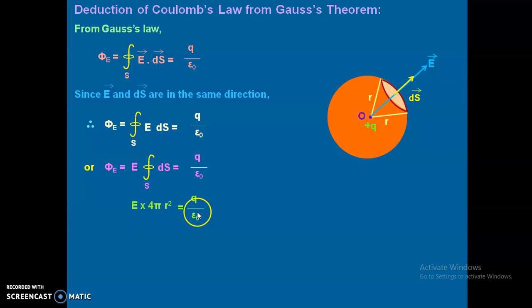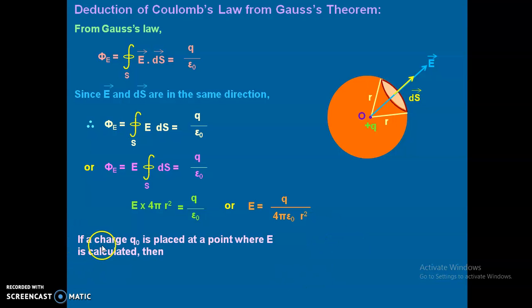So E into 4 pi r square is equal to q upon epsilon naught. Or we can write E is equal to q upon 4 pi epsilon naught r square, or 1 upon 4 pi epsilon naught q by r square. That is the expression for the electric field intensity due to a point charge.